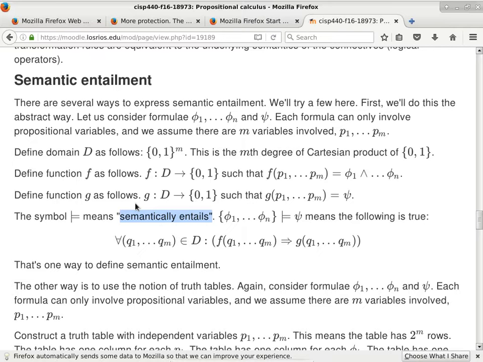Before you program something in mechanically so that you can use a computer to prove theorems, you have to make sure that the rules you put into the system are consistent with the actual logic that we use in mathematics. So semantic entailment is basically expressing what is considered correct. Is that okay?